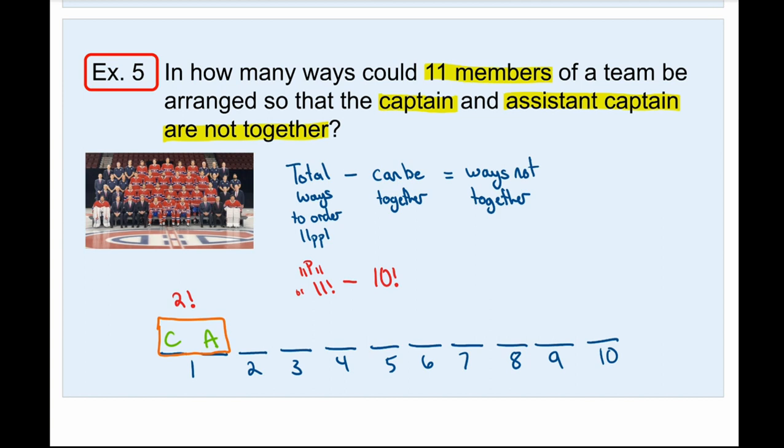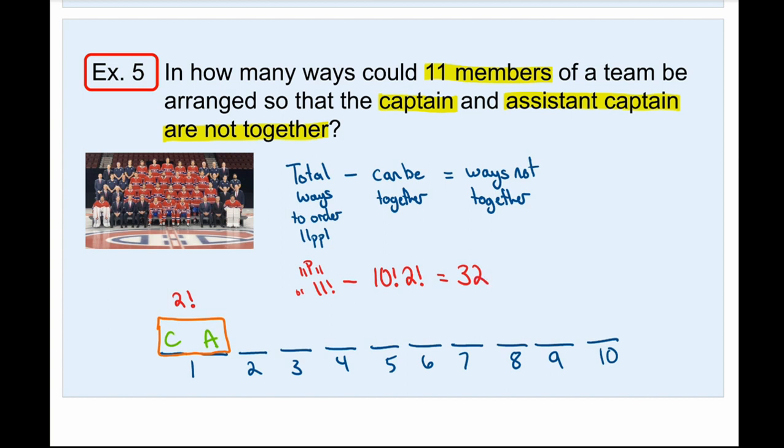So it's either captain and assistant, or assistant and captain. So I would multiply that by my 10 factorial. So they could be arranged throughout these 10 spots, and then within themselves, they could be arranged 2 ways. So this would then equal 11 factorial minus 10 factorial times 2 factorial.